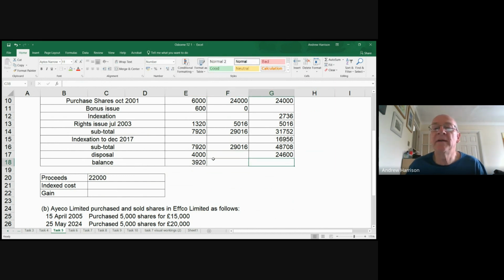We need to do the cost here. There would be tolerance for up or down on that one.